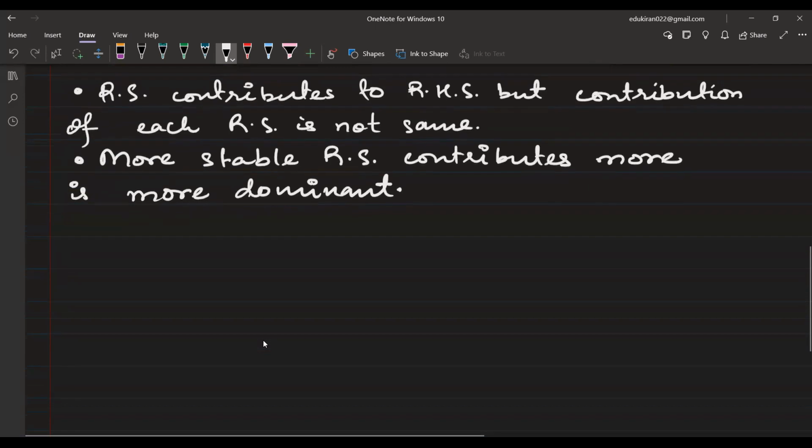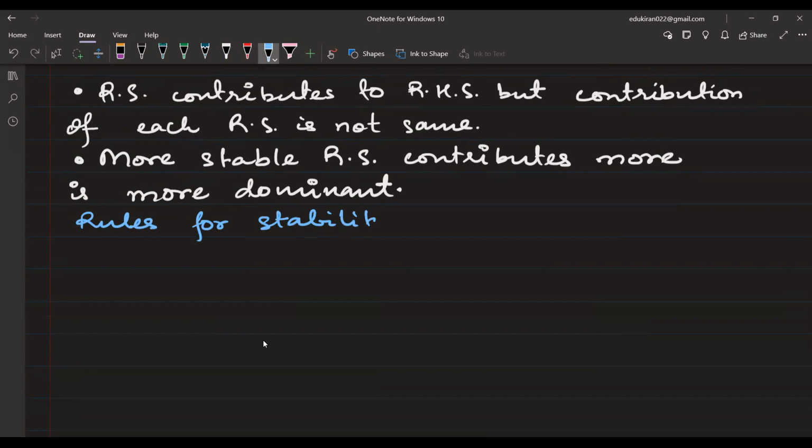So what are the different factors that affect the stability of resonating structures? Please write: rules for stability of the resonating structure. Write the number one rule.